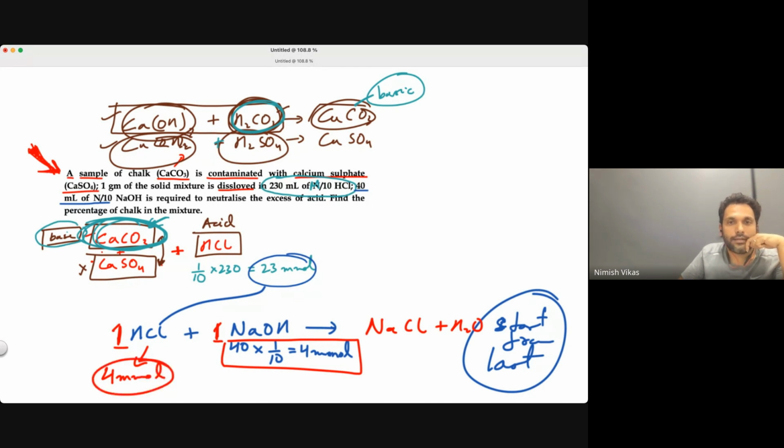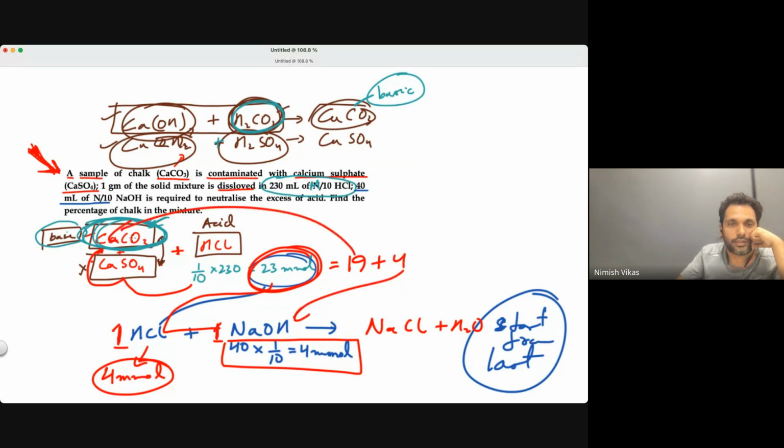So out of the 23, 4 is reacting with the excess NaOH. So how much must have reacted with the calcium carbonate? 19, right? 4 is gone for this reaction, 19 for this reaction.